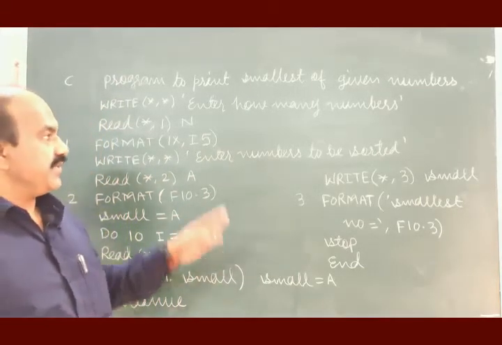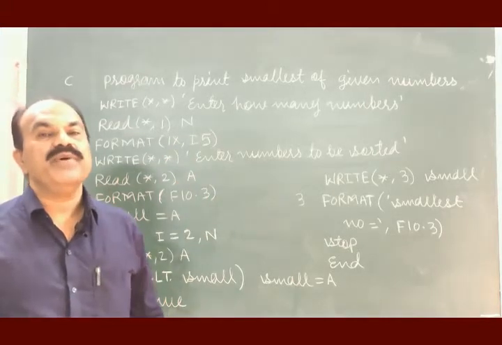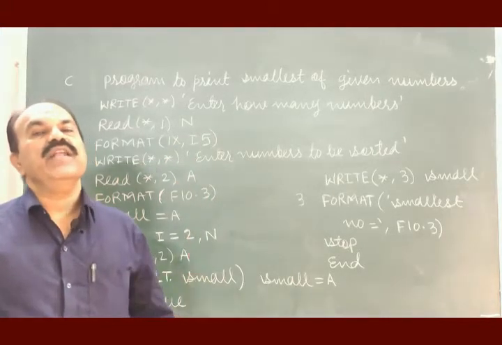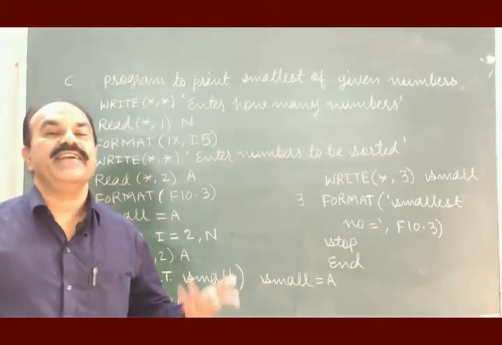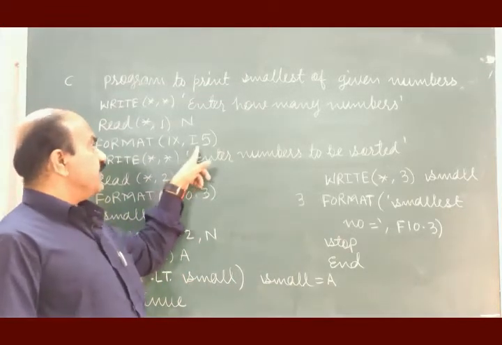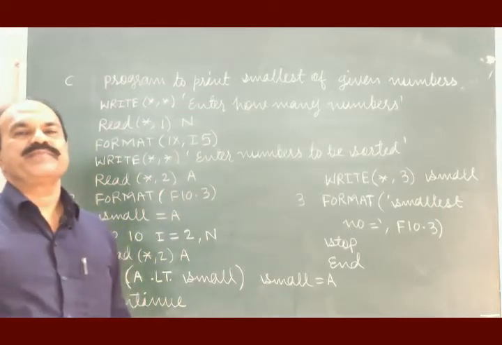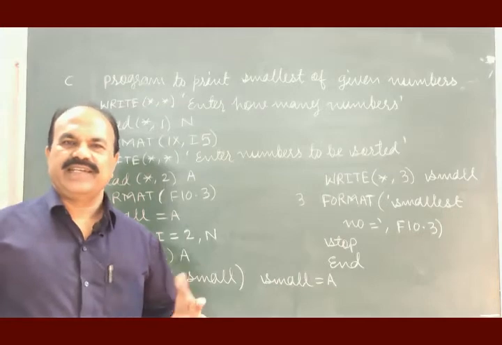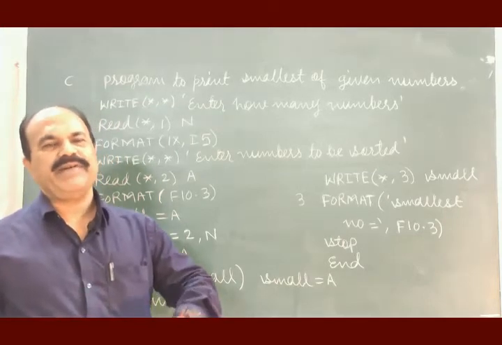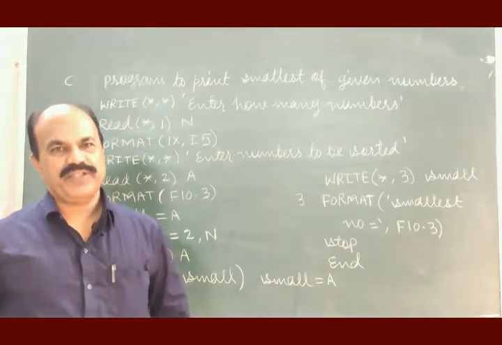So you can have how many numbers? 99,999 with this format I5. Of course, we shall take 50 numbers, 100 numbers, 20 numbers, whatever numbers you want.